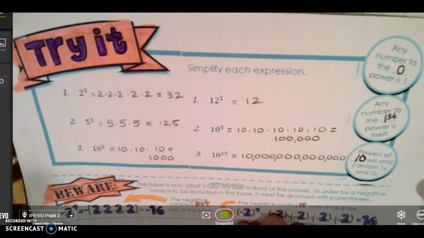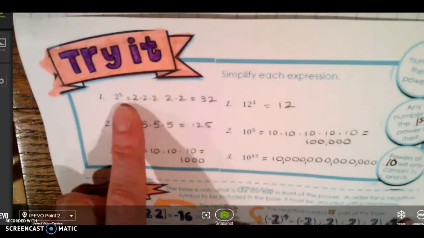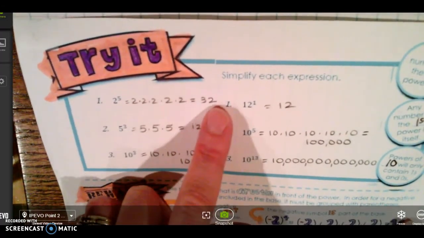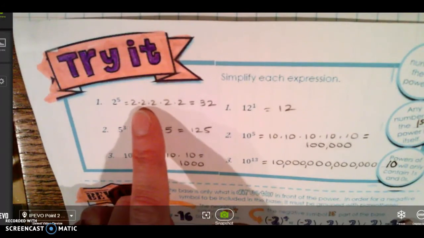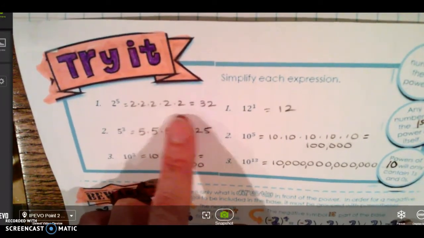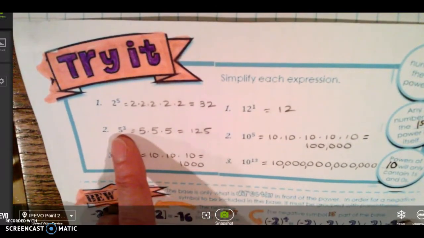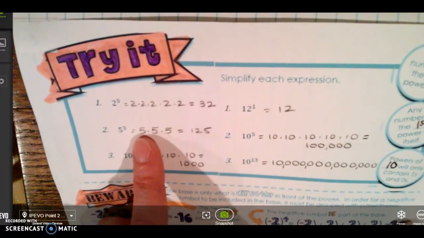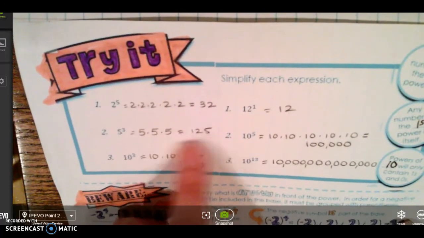Okay, to make sure that your note sheet is correct, we can verify that 2 to the 5th power is 32. Remember, instead of multiplying this in your calculator like this, you could hit 2 caret 5 and get your answer 32. 5 to the 3rd power, you could hit 5 caret 3 and get 125.